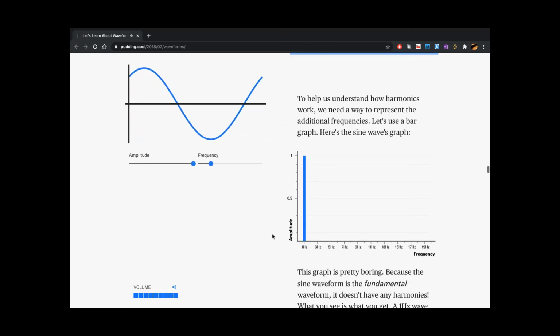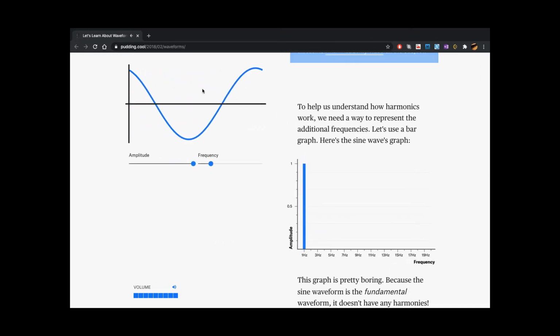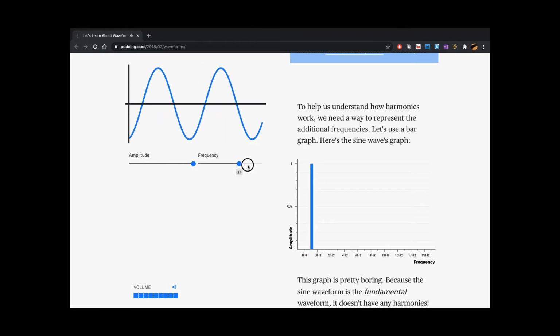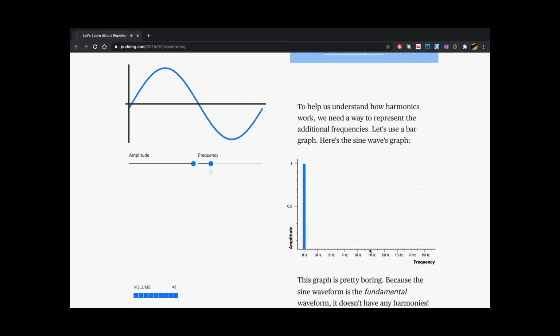This is the concept of sinusoids. You can change the amplitude, you can change the frequency. Now see what happens in this spectrum. Spectrum is basically a kind of Fourier transform. It tells you the amplitude, or the energy, in each frequency.